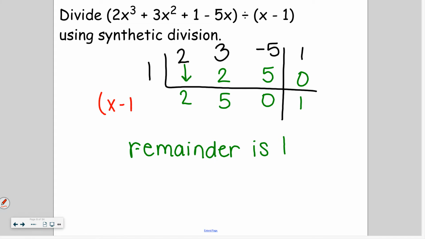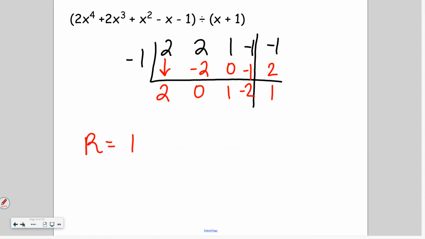Look at the next one. X minus 1 is not a factor. Again, the reason being our remainder is 1. Here we have x plus 1. I'm going to change my color. So x plus 1 is not a factor.